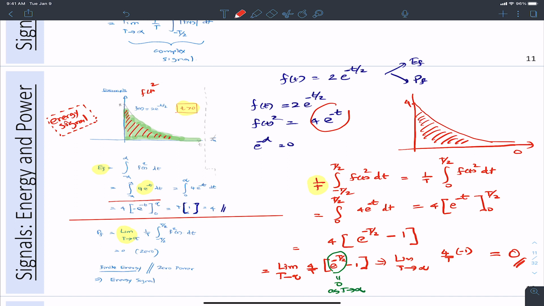Whereas this signal has finite energy and 0 power. We will later define this formally, but since we just proved these things: for this signal, the energy is 4, and the power is 0.